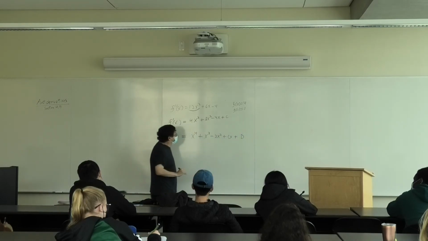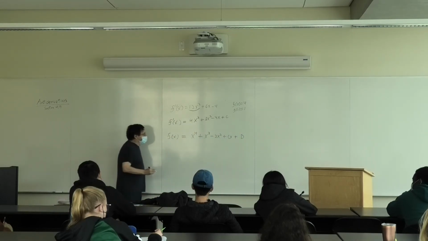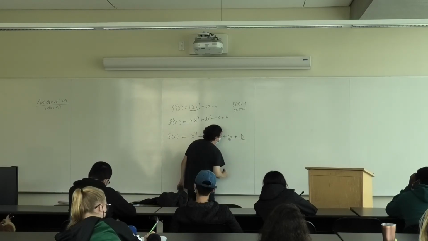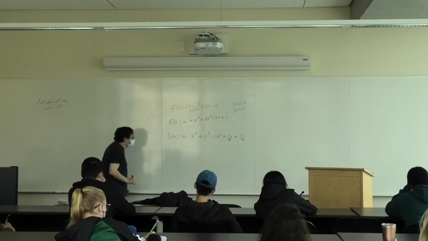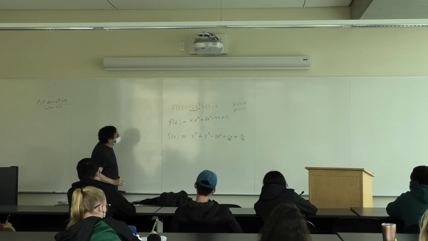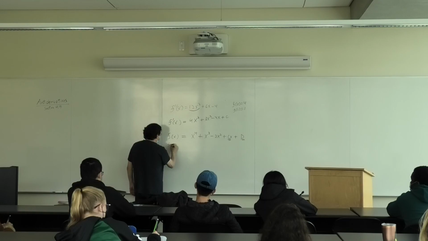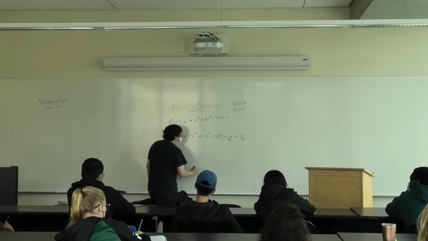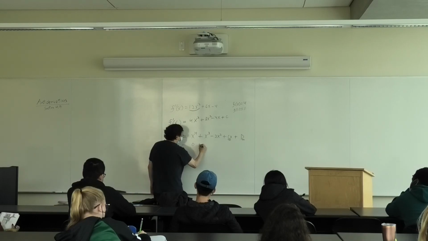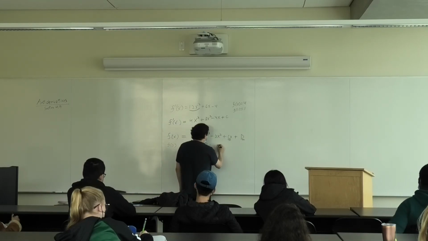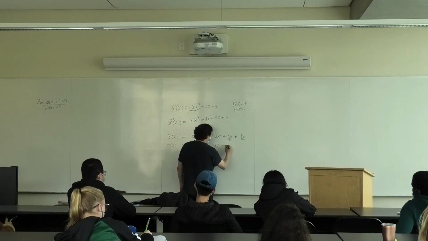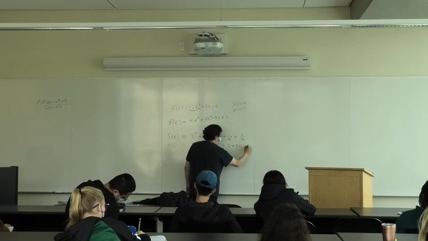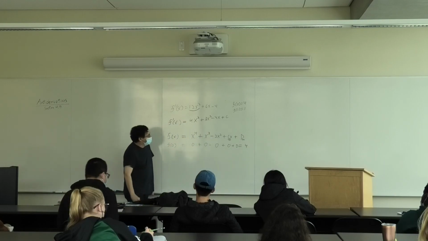Excuse me. So I want to know what C and D are. How can I figure this out? Plug in f of 0 and f of 1. Okay, let's do f of 0. What's that? It's D. 0 plus 0 minus 0 plus 0 plus d equals 4. Well, that's pretty clear.